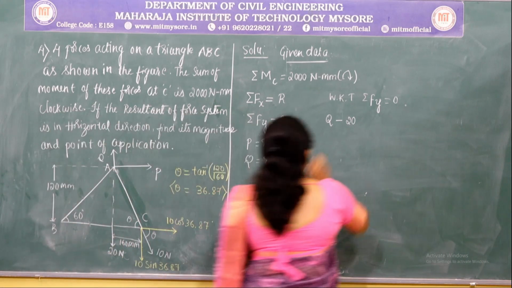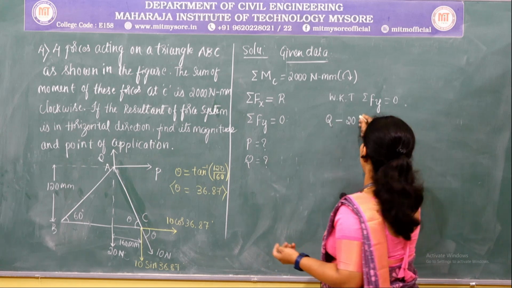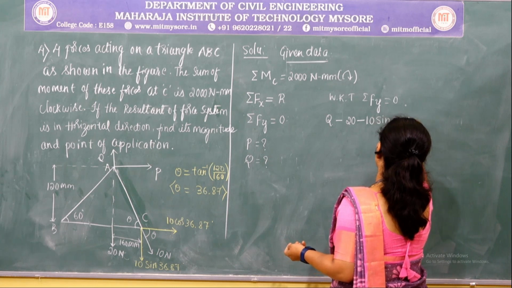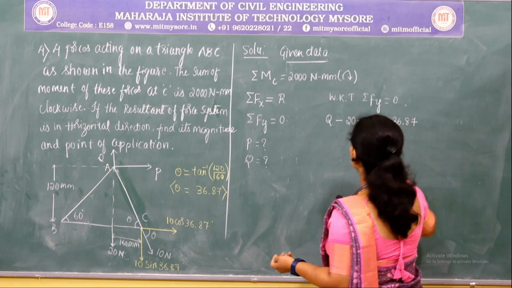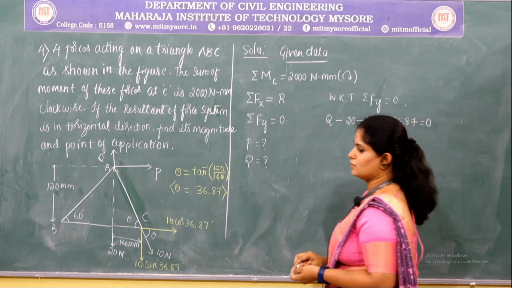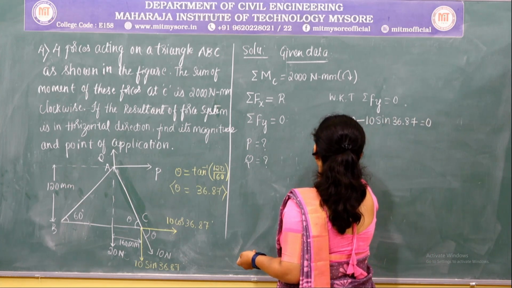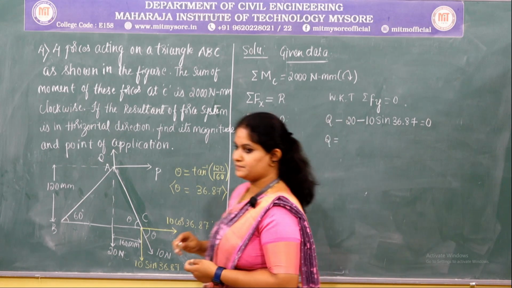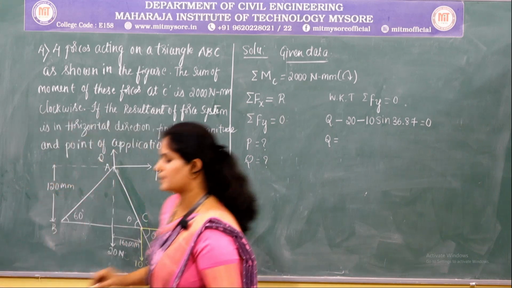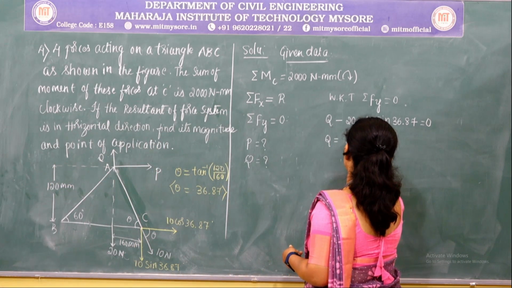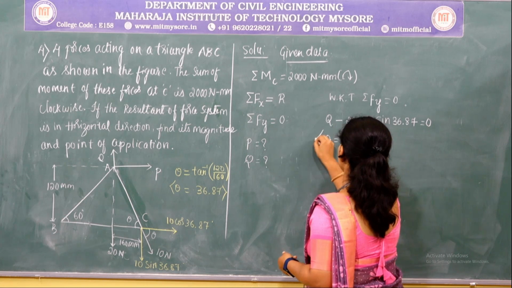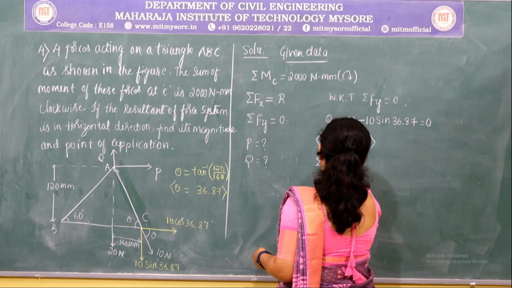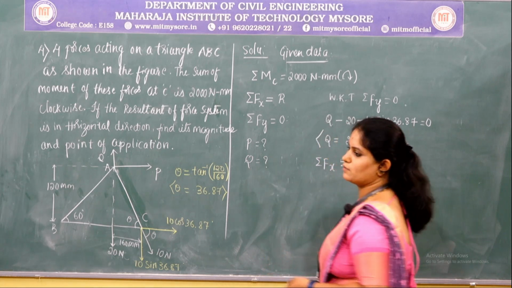So Q minus 20 minus 10 sin 36.87 equals 0. On solving this, we get the value of Q as 26 Newton.